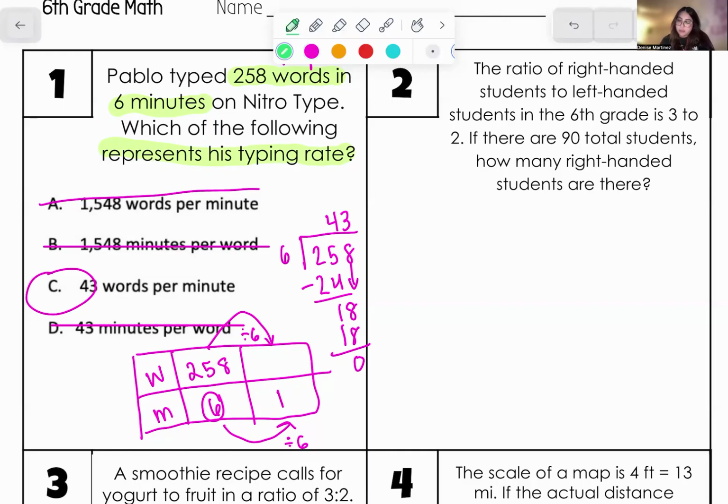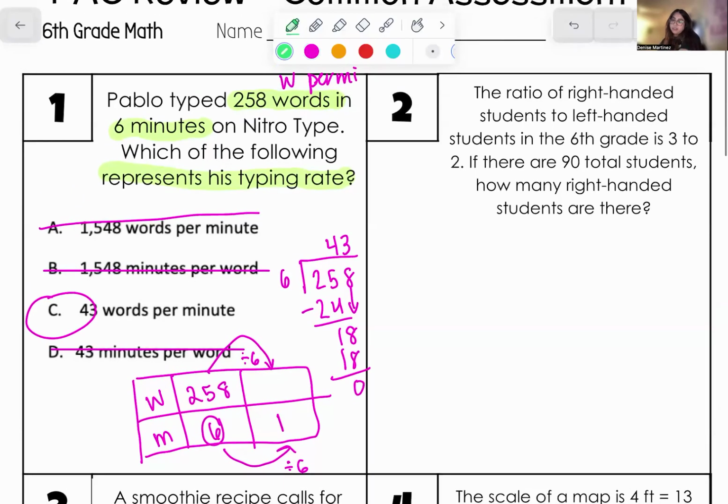All right, next one. The ratio of right-handed students to left-handed students in the 6th grade is 3 to 2. If there are 90 total students, how many right-handed students are there? So when we're looking at ratios, we should be setting up our ratios as how it's told.